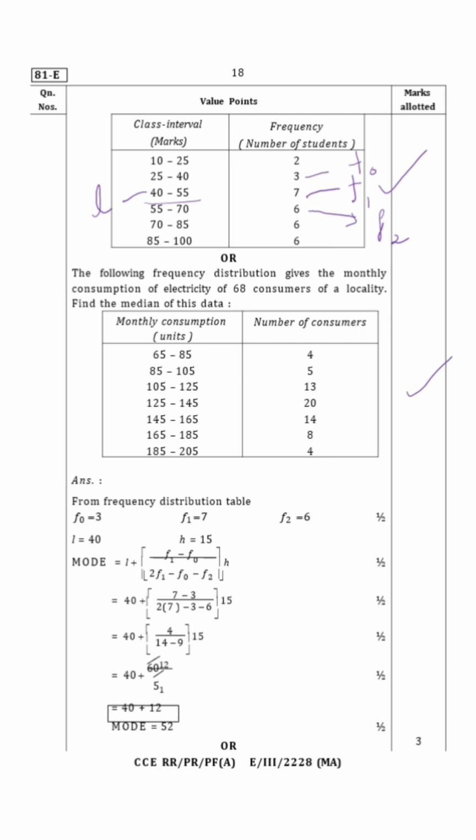Instead of L, 40, F1 7, F0 3, 2 into 7 minus 3, F2 is 6, into 15, where H is the class size. So write 40 here. 7 minus 3, it is 4. 7 into 2, 14, minus 3 minus 6 is 9, into 15.